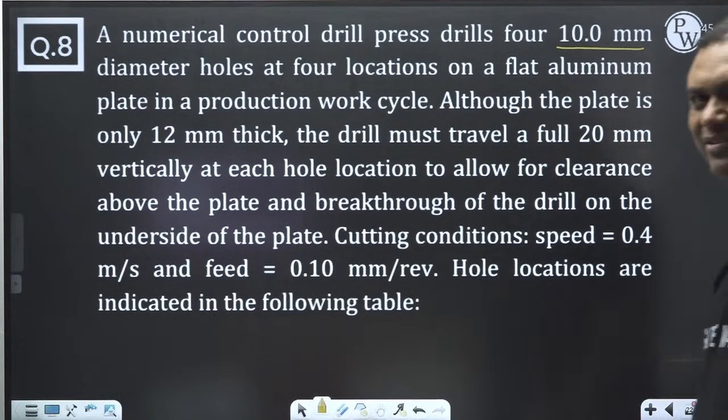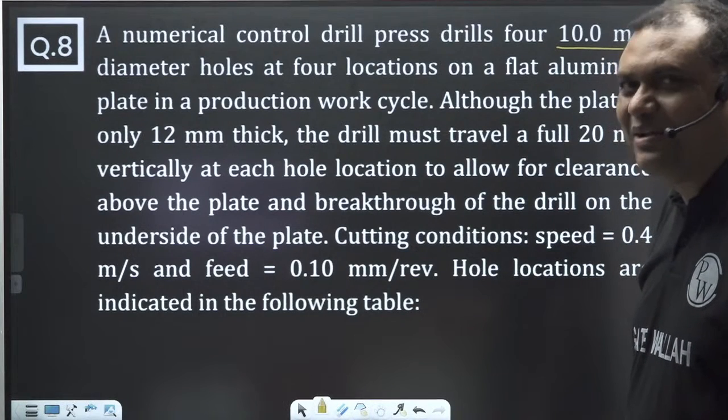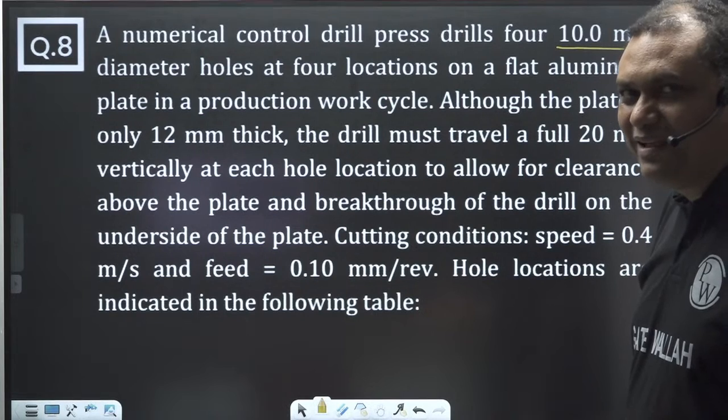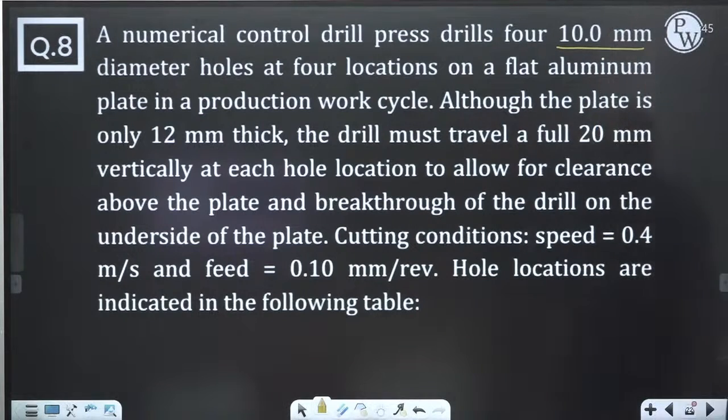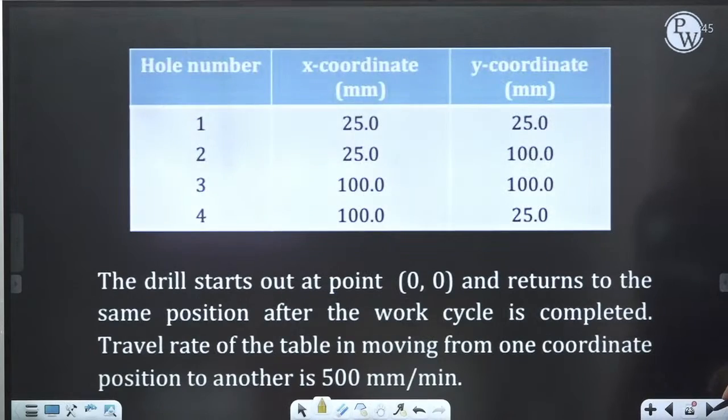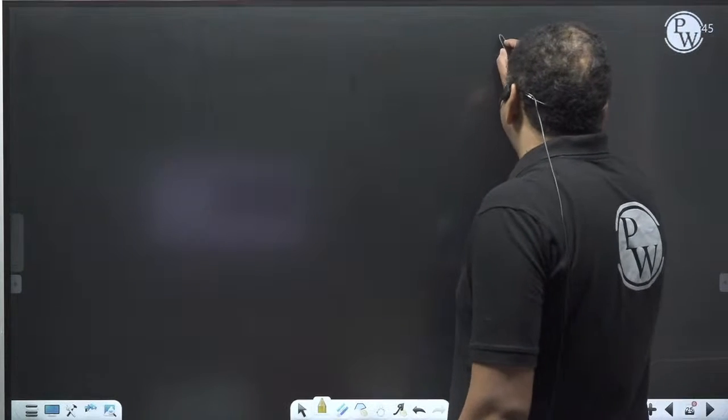See, the language looks very lengthy, but it is not very lengthy. The question is, suppose there is a plate.